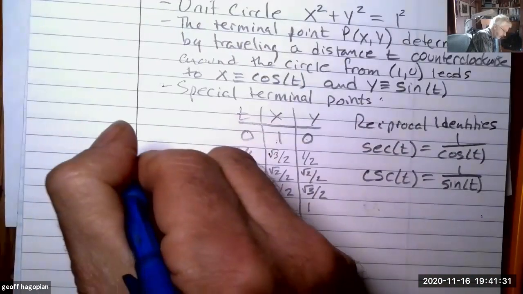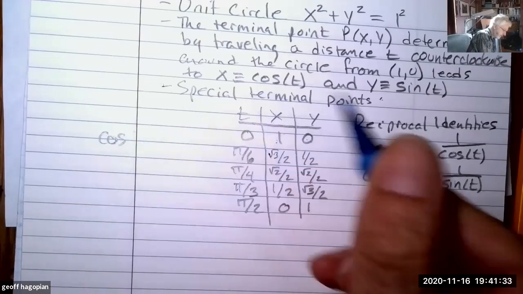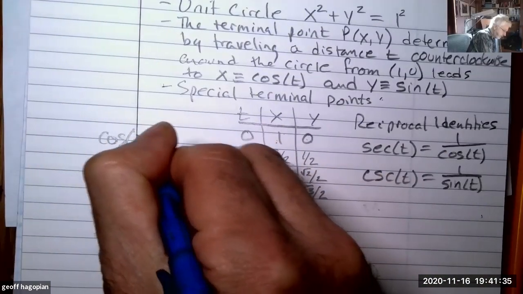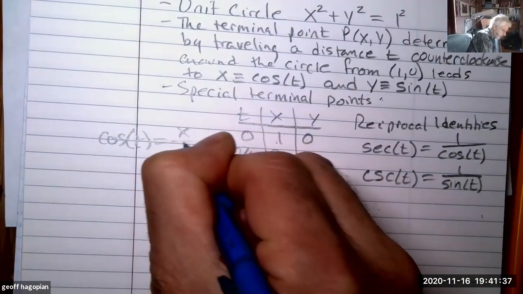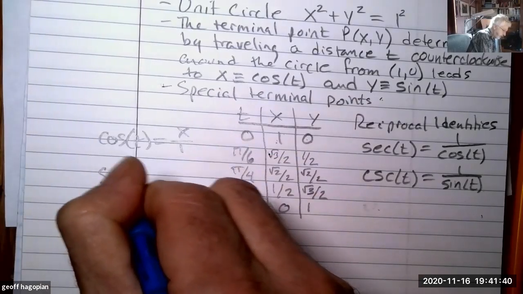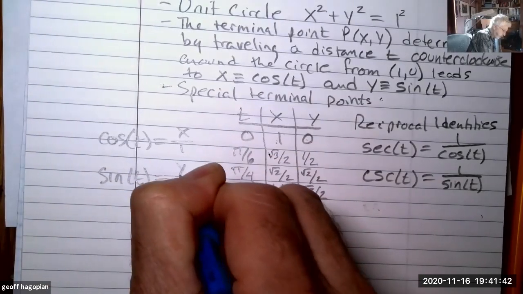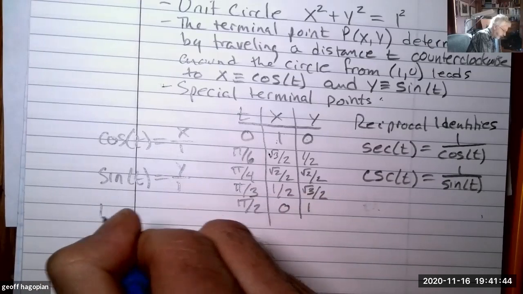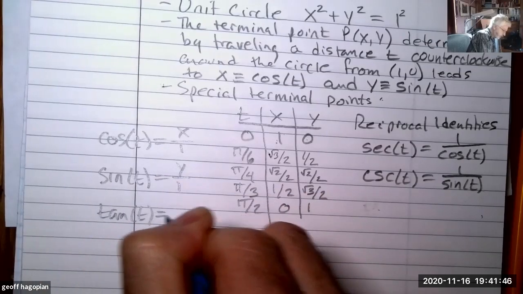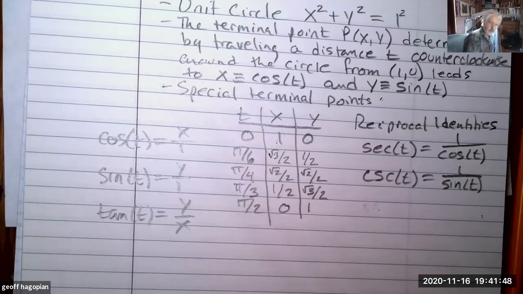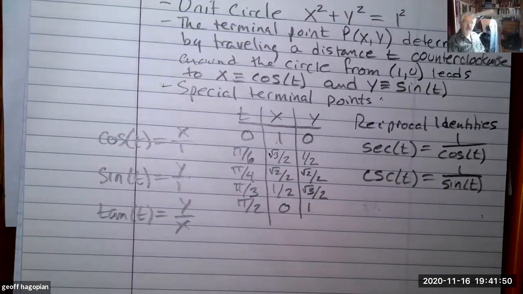So shall I do that over here? Cosine of t is the ratio of x to 1. Sine of t is the ratio of y to 1. And tangent of t is the ratio of y to x. So why talk about cosine and sine as ratios rather than just simply x and y?